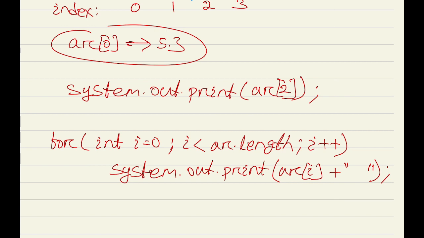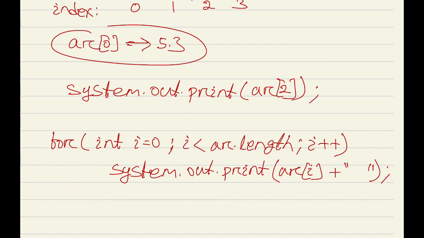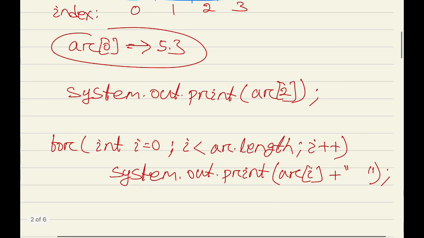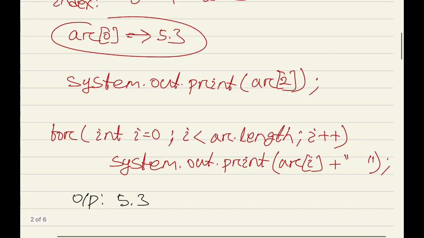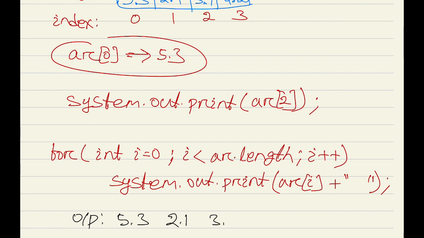So if we write the loop in this way, then the output is like 5.3, then some space, then the next element, that is 2.1, then some space, then next element 3.9, then some space, then the next element 4.2.